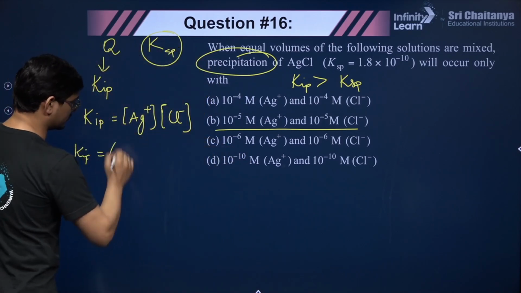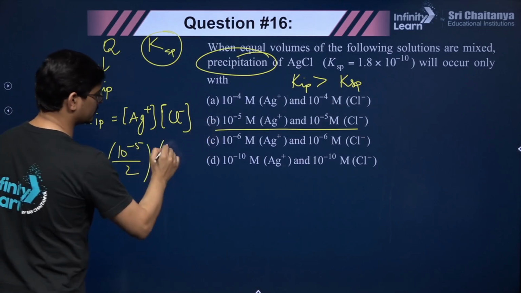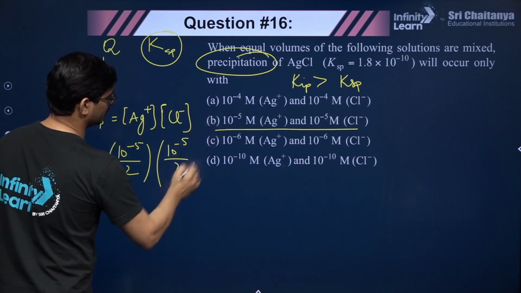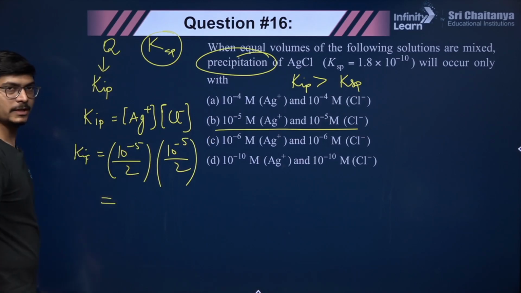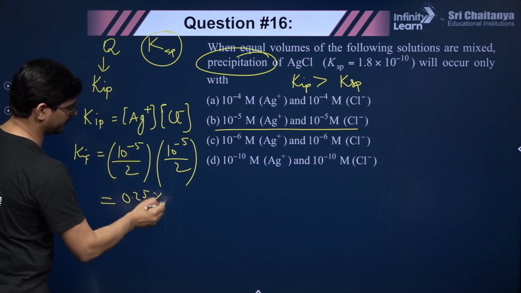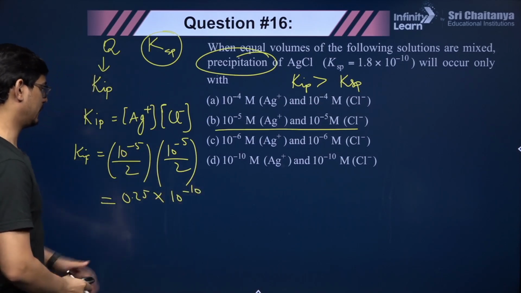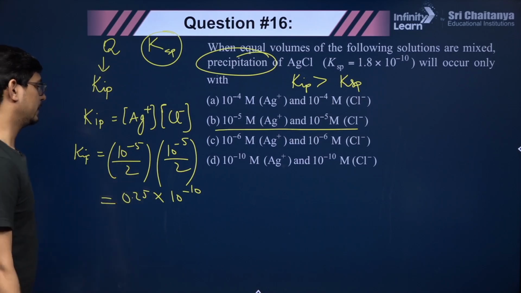So silver concentration, actually it is this, and chloride concentration also, that will be this, okay? So this is 1 by 4 or 0.25 into 10 raised to the power minus 10, okay? That will be 0.25 into 10 to the minus 10.